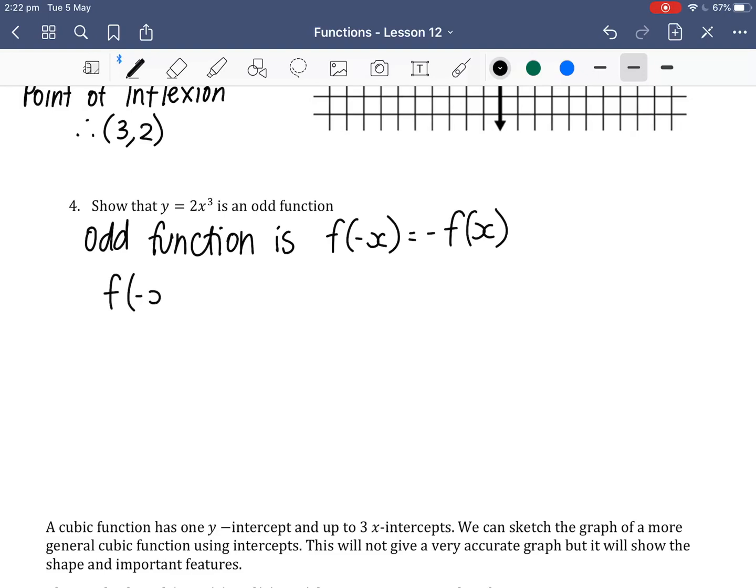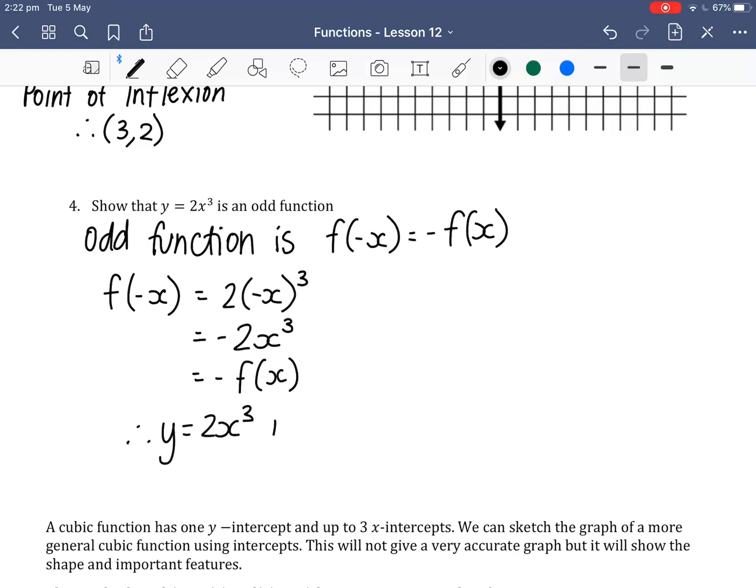So if we sub in -x into our function, we get 2 times (-x)^3, and a negative of a cube keeps it negative. So let's take that negative out the front, so it'll be -2x^3, which equals the negative version of the function. So therefore our function y = 2x^3 is an odd function.